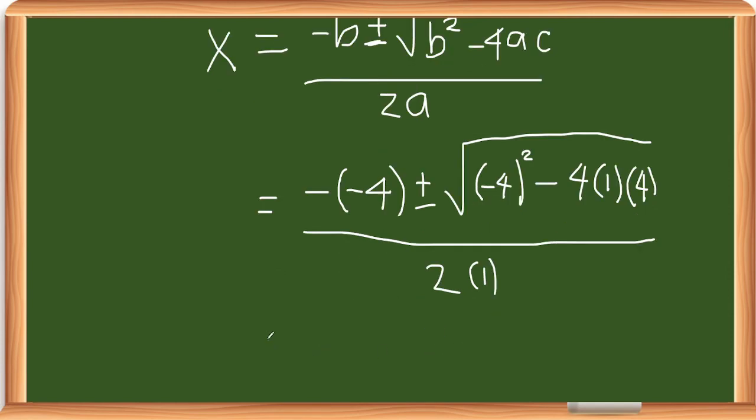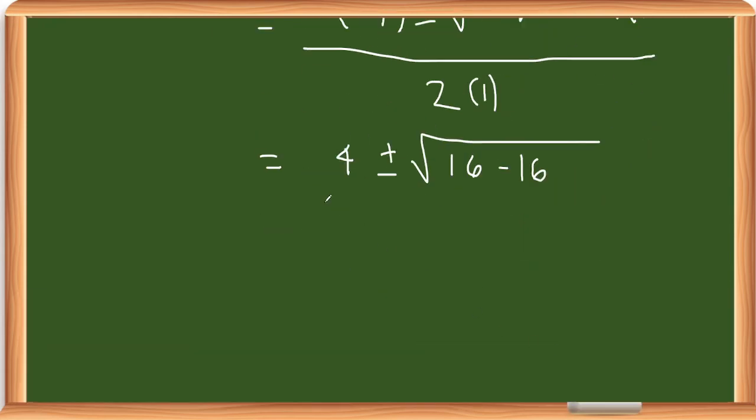Ngayon kung makikita ninyo, negative times negative, magiging positive 4 na to. So we have 4 plus and minus the square root of. So negative 4 square is 16 minus 4 times 4 is 16. And then all over 2.